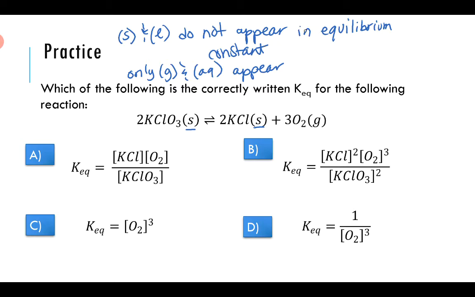So since we're trying to write out the equilibrium expression, let's go ahead and cross out all of our solids and our liquids. Okay, so when we're writing this out, we have to remember that we have our products over our reactants.